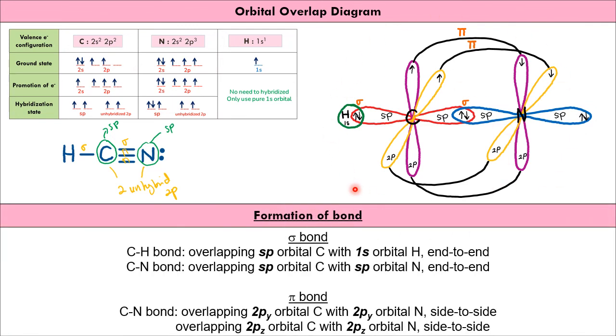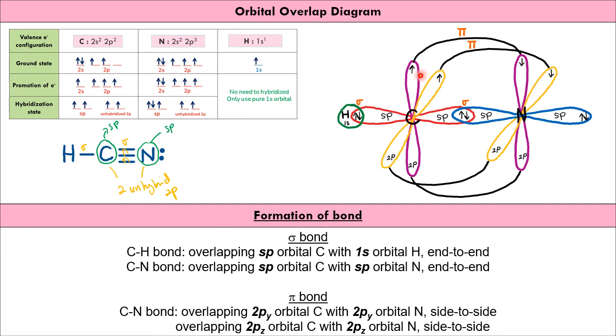Okay, and then the formation of bond, sigma bond, carbon-hydrogen bond, overlapping of sp carbon with one s orbital of hydrogen end-to-end. Kemudian CN bond, overlapping of sp orbital of carbon with nitrogen, sp juga, end-to-end. And then the pi bond, so kita ada dua pi bond kat sini.